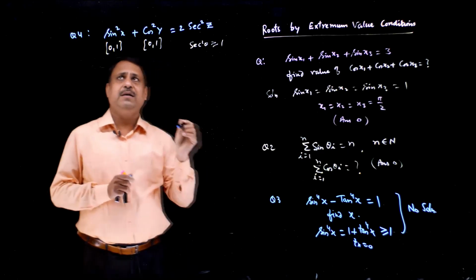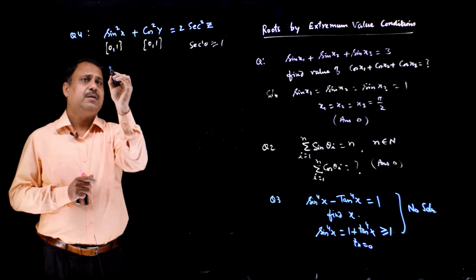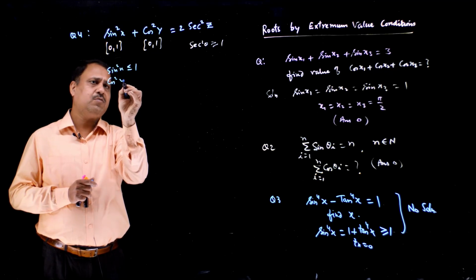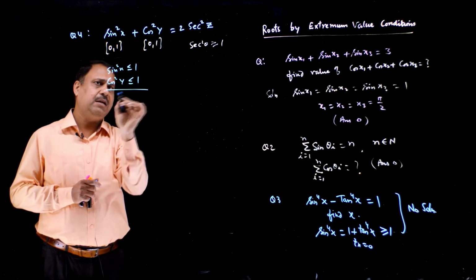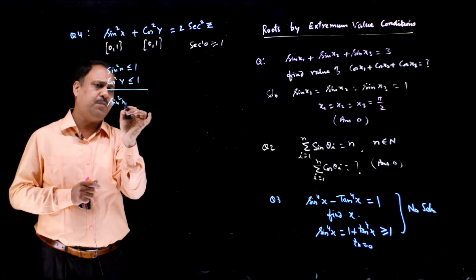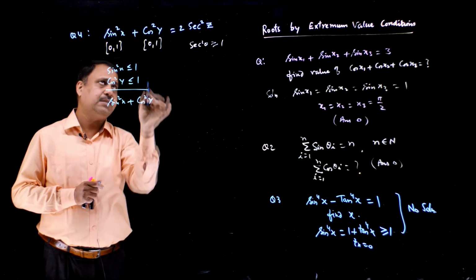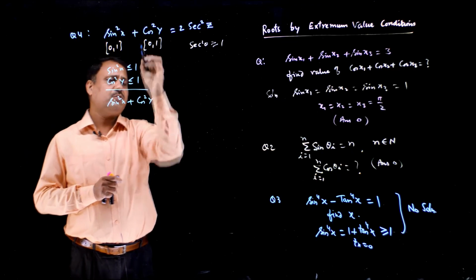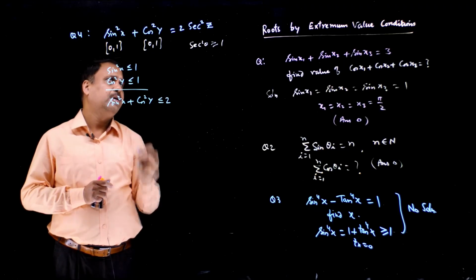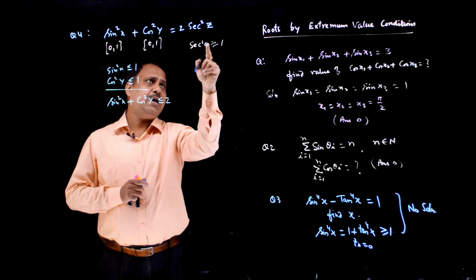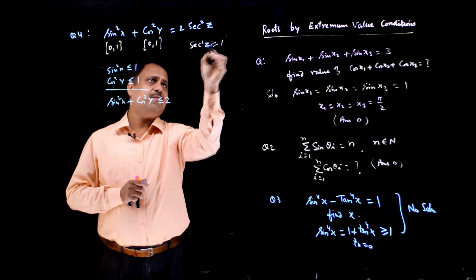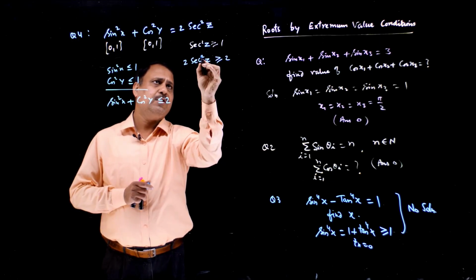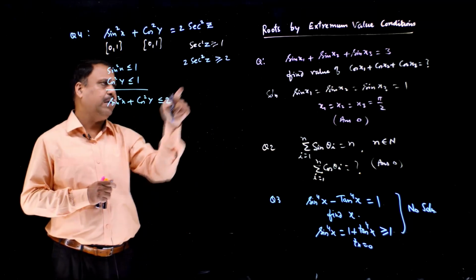So on the left, sin square x is at most 1 and cos square y is at most 1. Both angles need not be the same; when x is pi by 2, y can be 0. So the left side is at most 2. At the same time, sec square z is at least 1, so 2 sec square z will be at least 2. You can see the left hand side is at most 2 and the right hand side is at least 2.